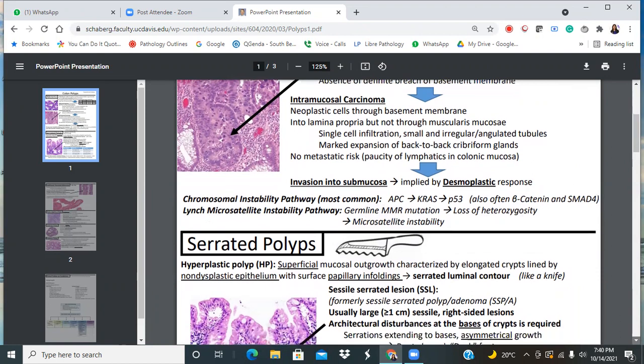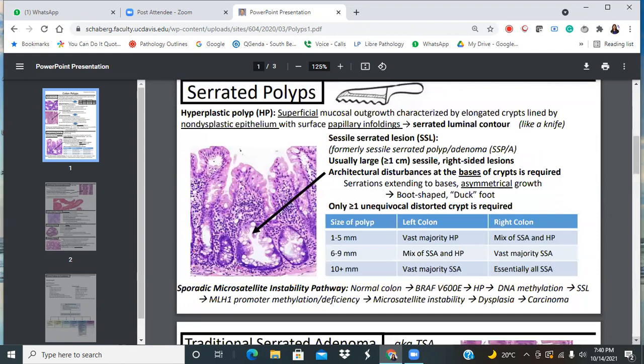Coming to serrated polyps. So first is hyperplastic polyp, a superficial mucosal outgrowth characterized by elongated crypts lined by non-dysplastic epithelium with surface papillary enfoldings. Serrated luminal contours, like a knife. Then sessile serrated lesion, also called SSP or SSA.